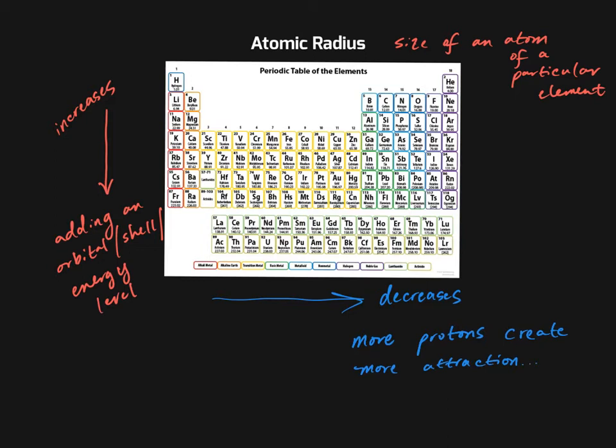So essentially what happens is that atom becomes smaller and smaller. Those outer energy levels become closer and closer to the nucleus.